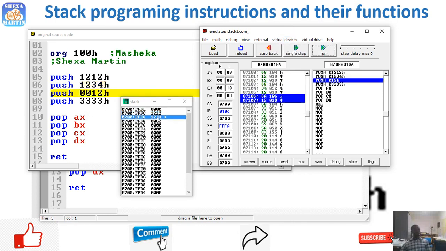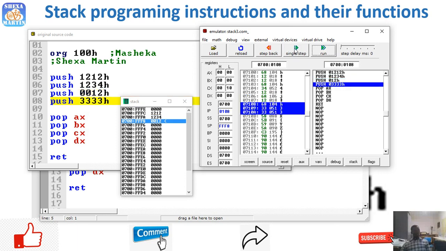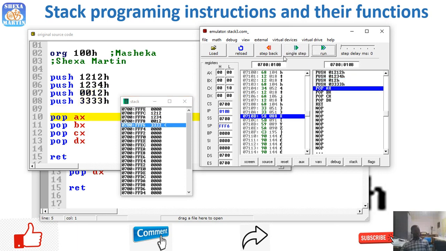Then 1234 is pushed onto the top of the stack and is pointed to by the stack pointer. The same applies to 0012 and to the quad 3. You get that? So that's the push instruction.